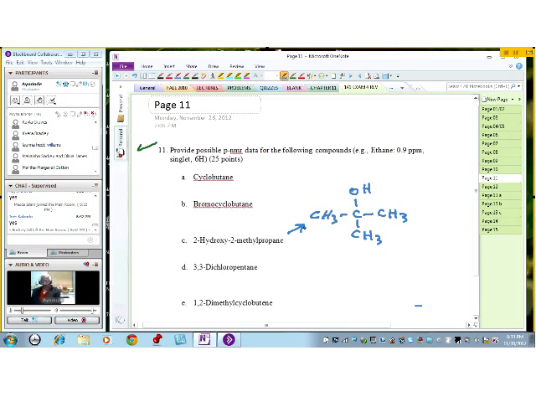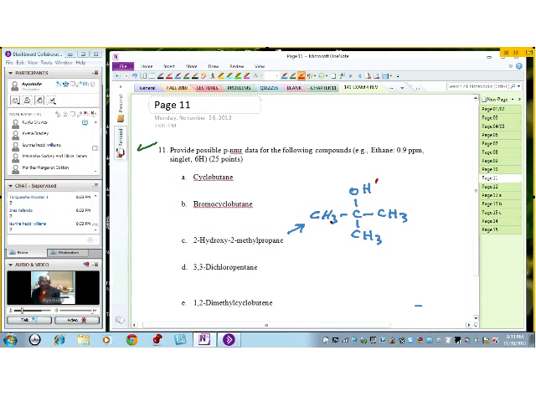Okay, now let me ask you, you know the question I am going to ask you, how many different types of hydrogen do you have in this molecule? Try some more. 2, exactly. 2 different types of hydrogen. And the 2 different types of hydrogen are this one here.